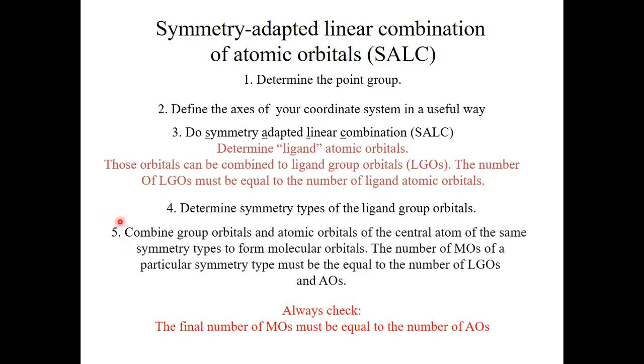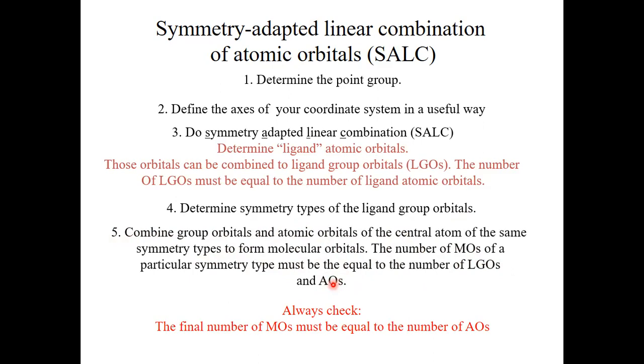And in the last step, you combine ligand group orbitals and atomic orbitals of the central atom that have the same symmetry type to form molecular orbitals. The number of MOs of a particular symmetry type must be equal to the number of ligand group orbitals and atomic orbitals.